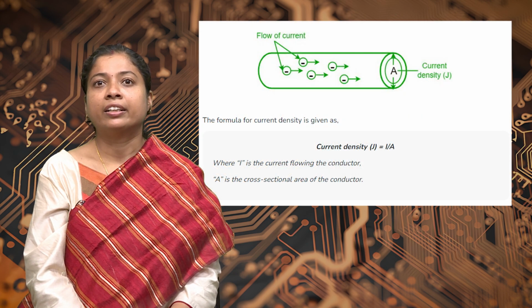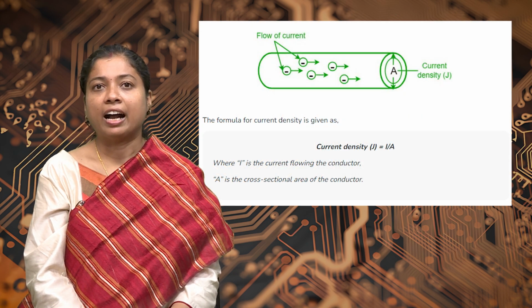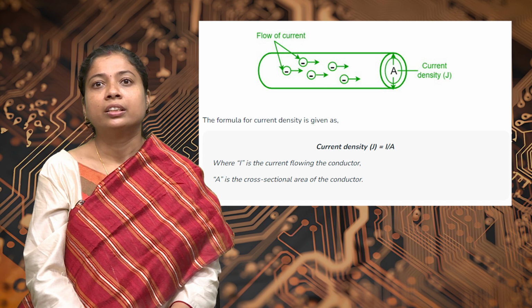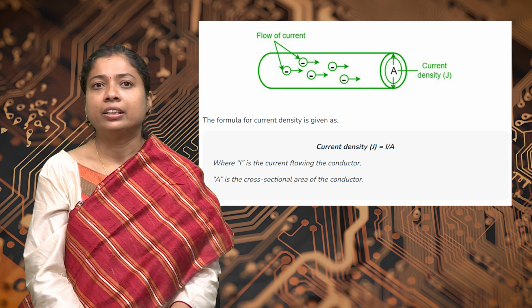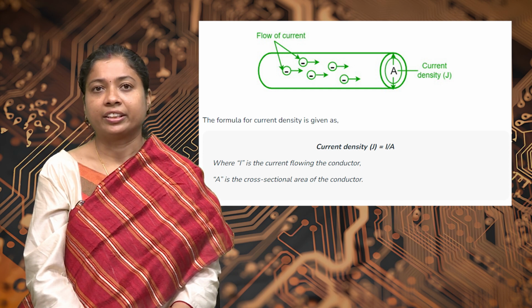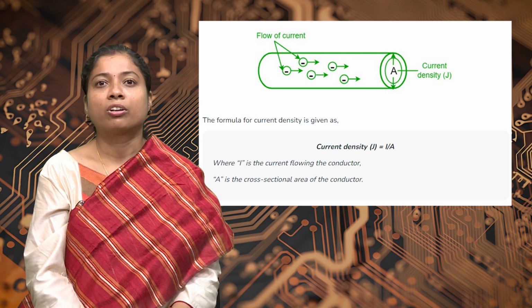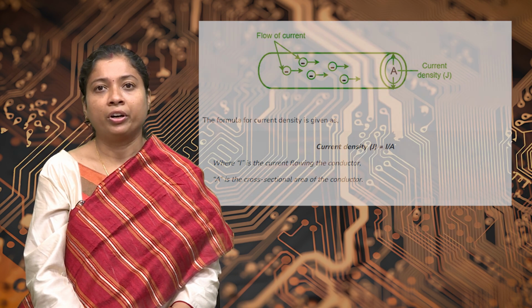Mathematically, current density J is defined as the ratio of the electric current I passing through a certain area A. So, finally, we get the formula J is equal to I by A, where J is the current density, I is the electric current and A is the cross-section area through which the current is flowing.